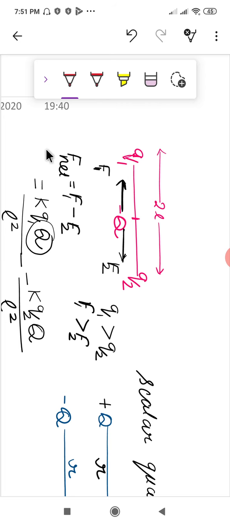So when we are using Coulomb's law, take care to write the force vector considering the attraction or repulsion and the nature of the charges, and the net force will be the vector addition or vector subtraction.